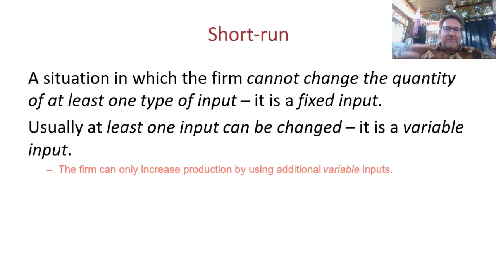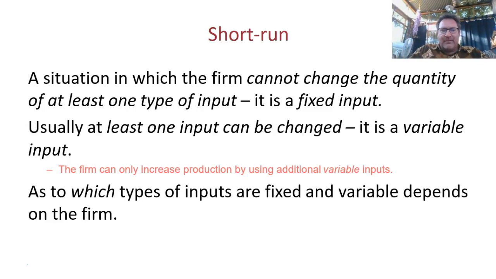It usually means that there will be at least one input which can be changed, and we classify this as the variable input, the changeable input. So, in our example, we can add more workers to our factory, and we can add more raw materials to the production process, and we can decrease them if we want as well, in order to change the amount of output which is produced. Now, that's just an example.